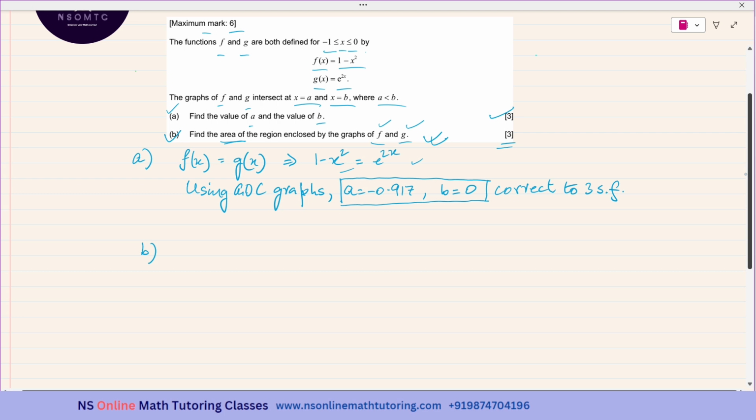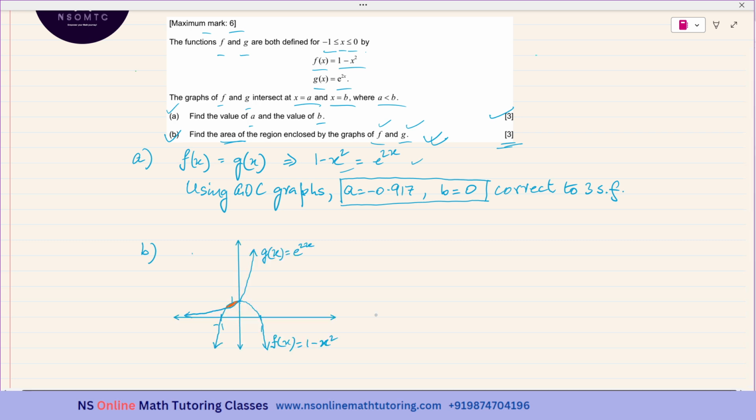Okay, so I need to draw, because it is containing 3 marks, so it is better to give a rough sketch of the 2 graphs. Now this is the rough sketch of the 2 graphs intersecting, and this is the E point. I don't remember the y value, but the x value is negative 0.917, and the B over here is 0.